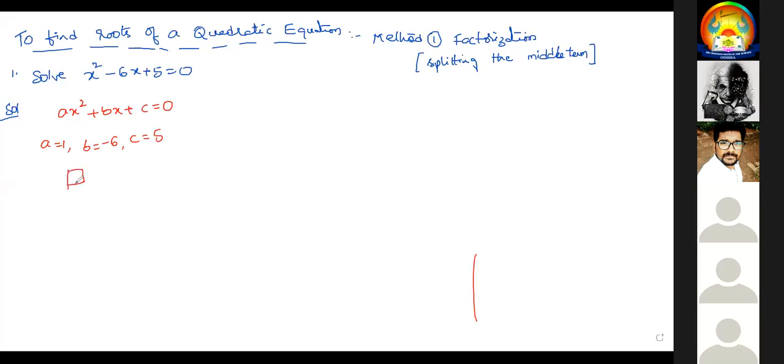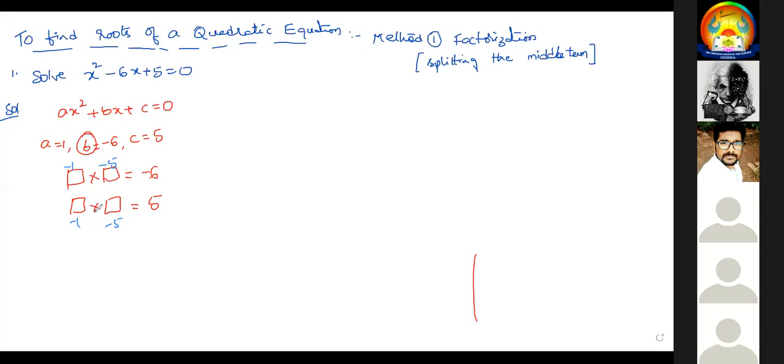Now I want two numbers whose sum is minus 6, that is b. I want two numbers whose product is 5. So the numbers are minus 1 and minus 5.